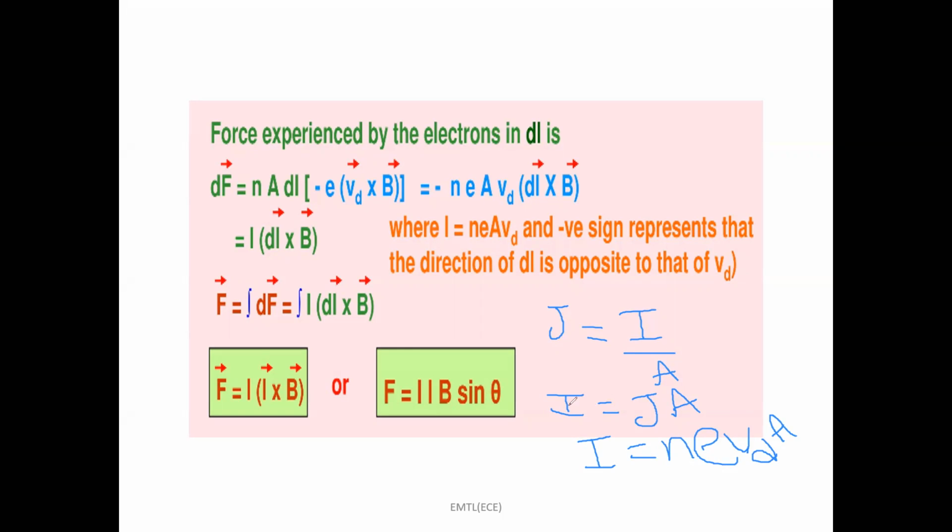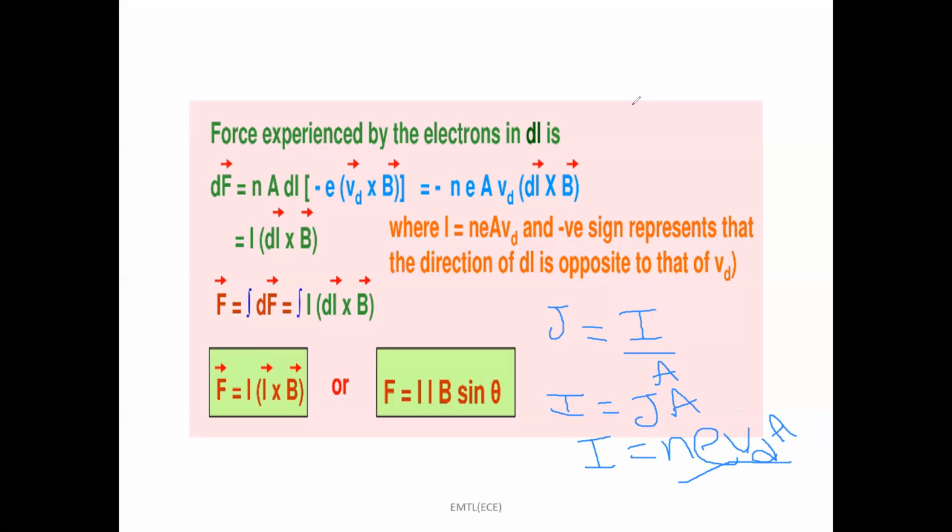From this expression, current is equal to J into area. So according to classical mechanics, J is expressed as n e Vd, and with the area, n e A Vd is equal to current.